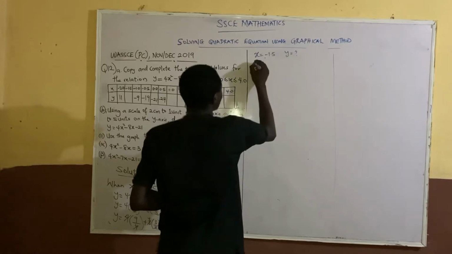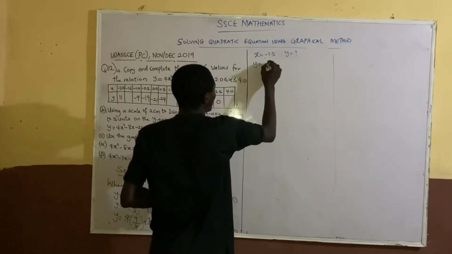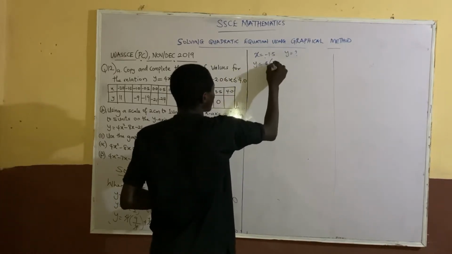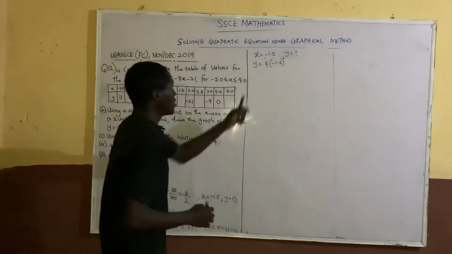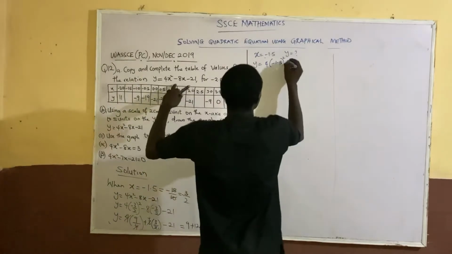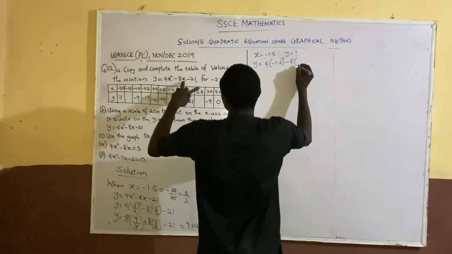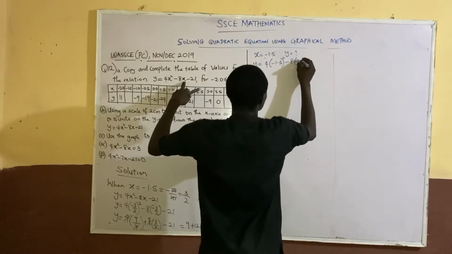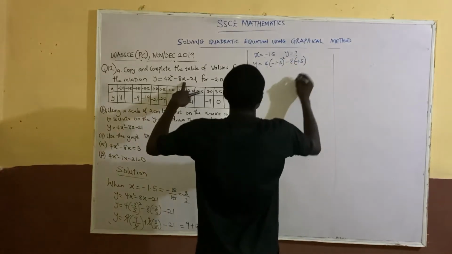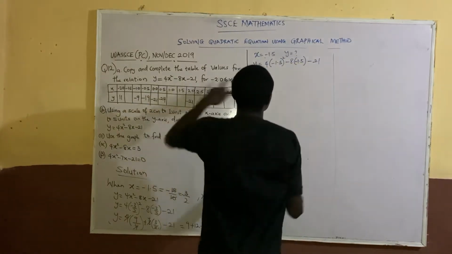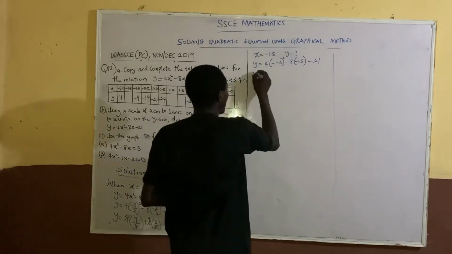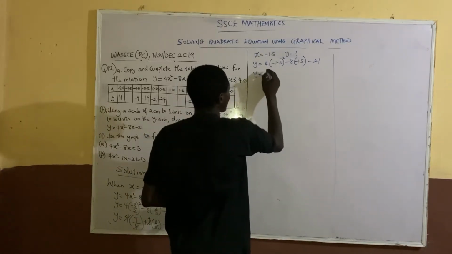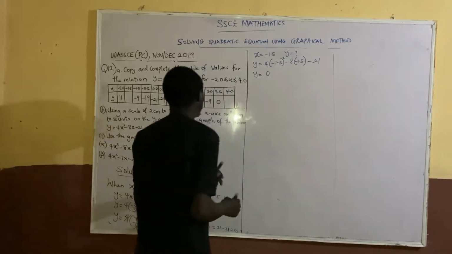So you say y is equal to open bracket 4 times open bracket minus 1.5 all squared, minus 8 into bracket minus 1.5 bracket close, minus 21. When you punch this on the calculator as it is shown on the screen, y will be equal to 0 as well. So this is just the first value.